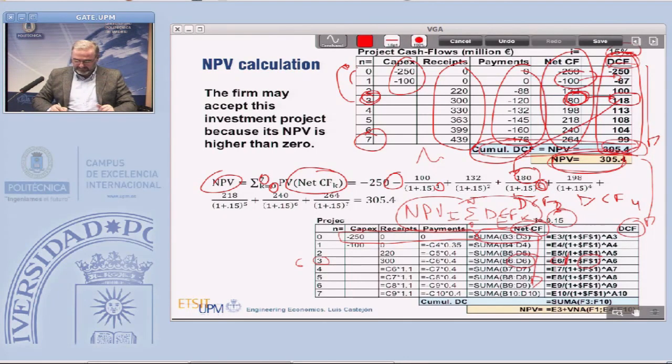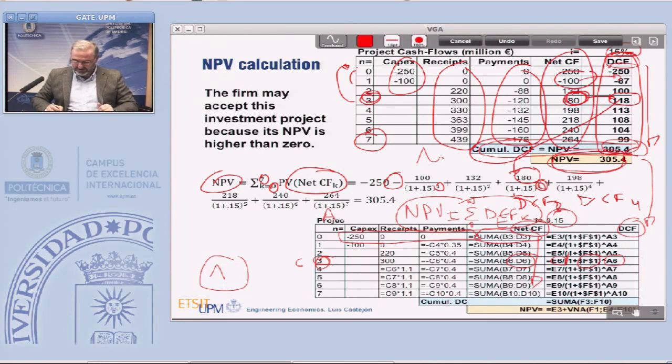Close brackets, to the power. To use the power in Excel, you use this character, the circumflex accent, to the power of, and then we use A6. A6 is this cell, this is the column A, so we are raising to the power of 3.